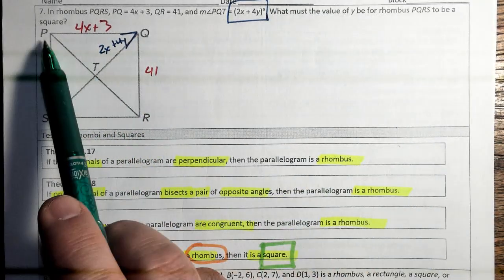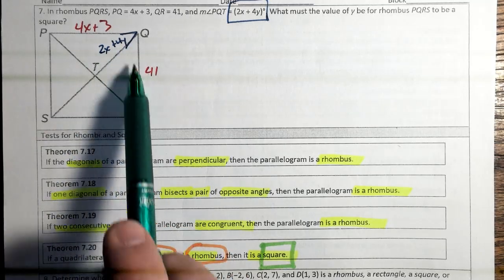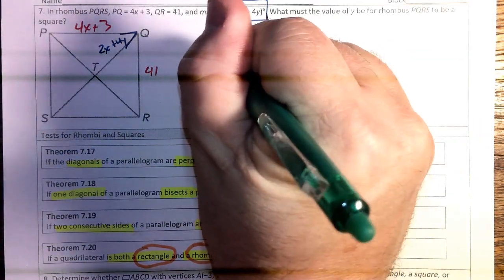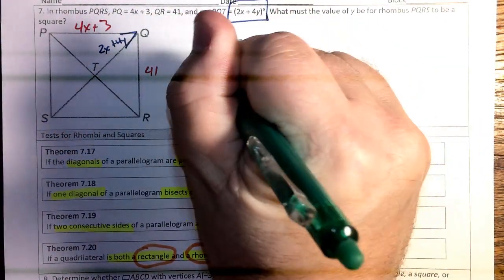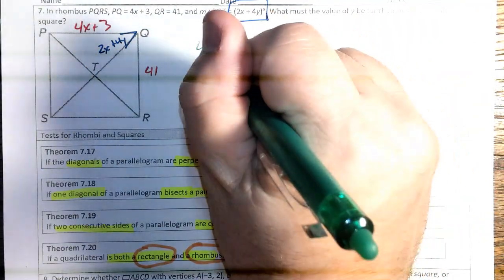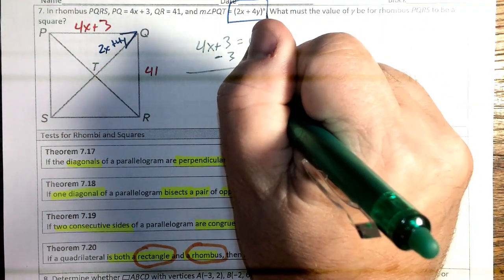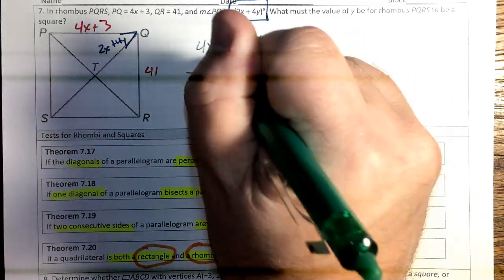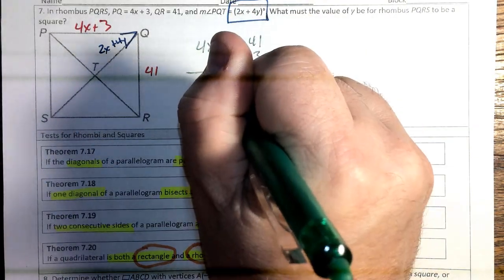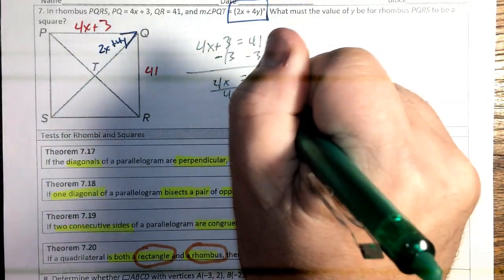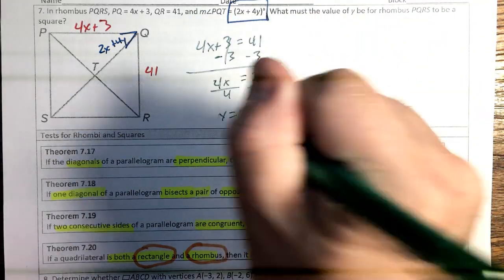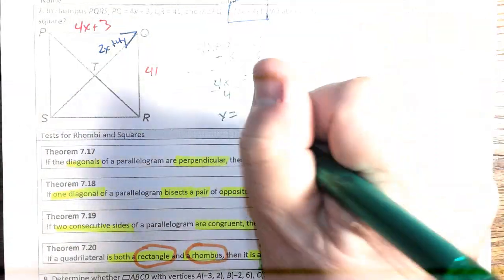The square and a rhombus are both going to have congruent sides. So we're going to put 4x plus 3 equal to 41 to solve for x. So we got minus 3 minus 3. 41 minus 3 is 38. Those cancel. 4x divided by 4. X is 9.5.